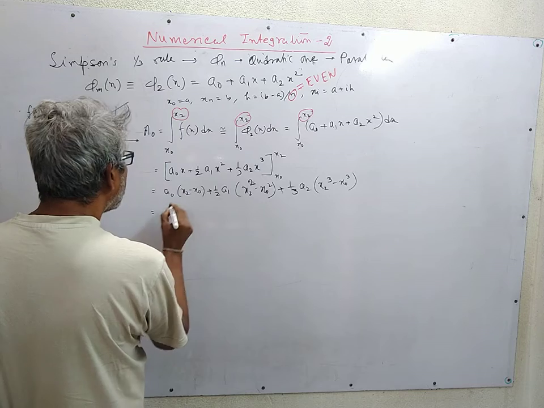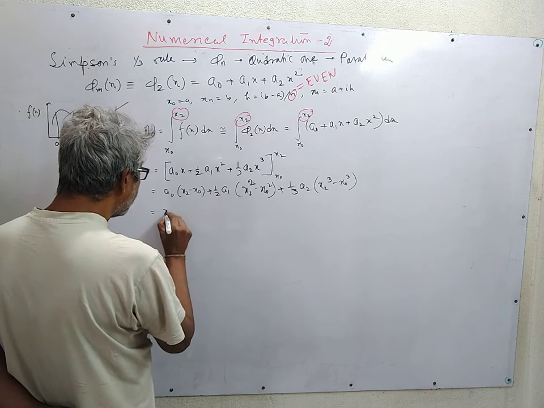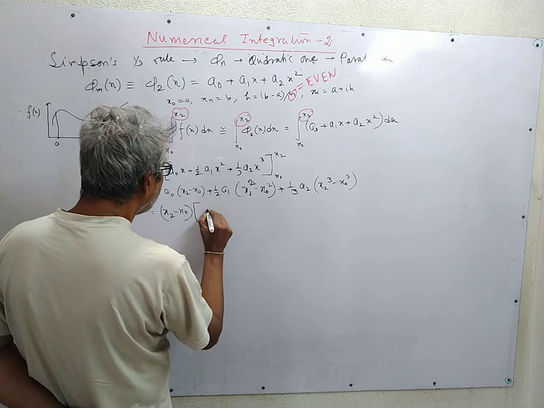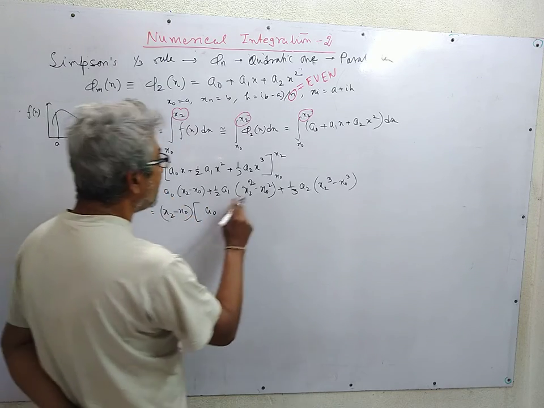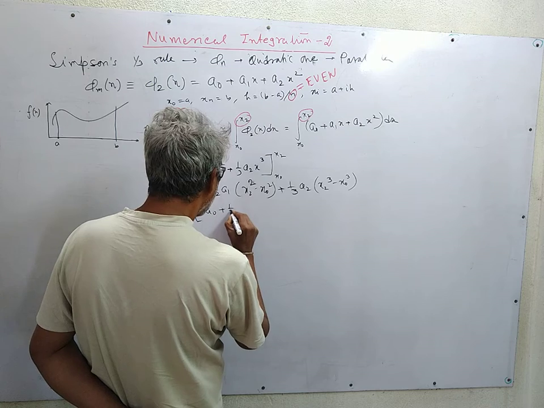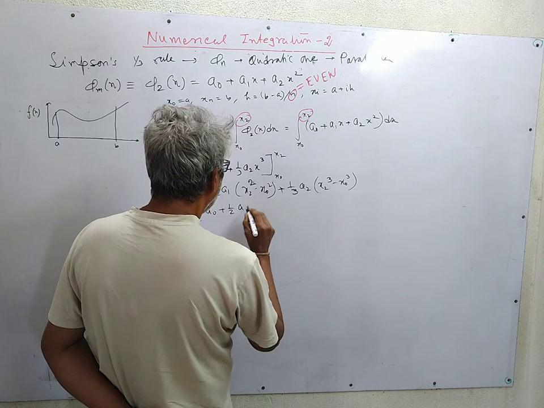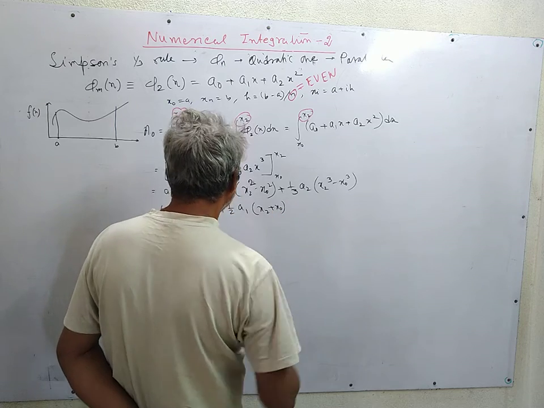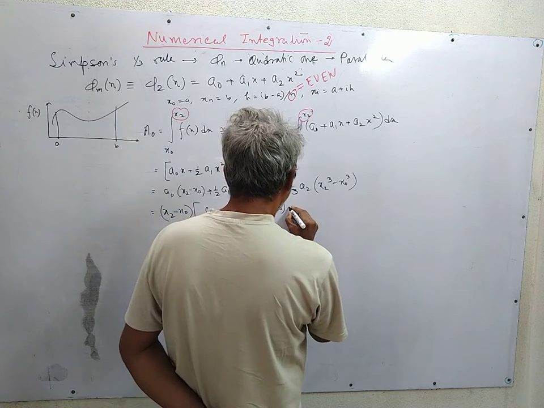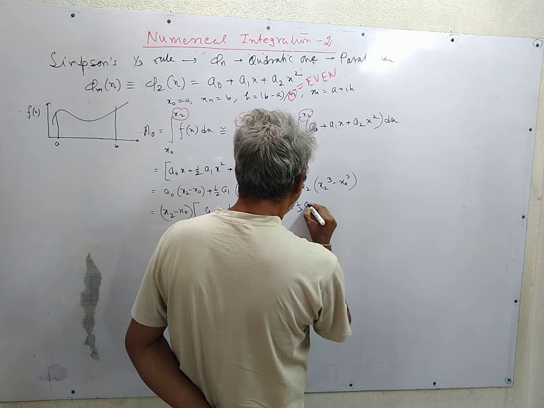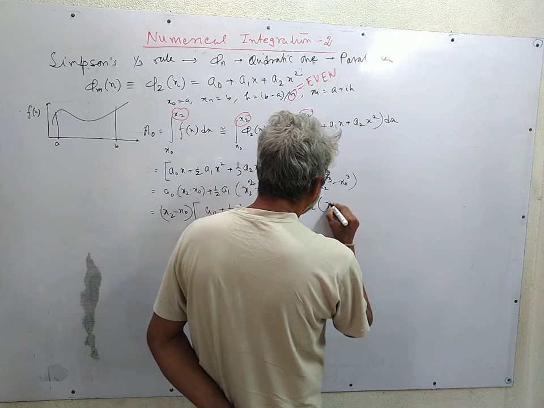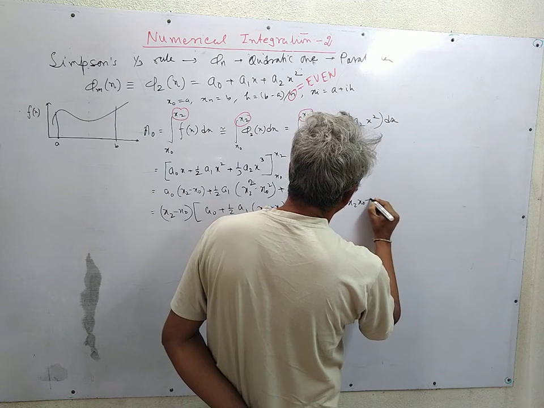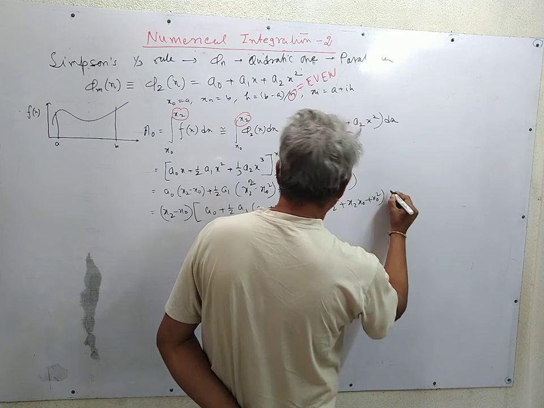We take x2 minus x0 common all along. So we are left with a0 from this term. This is half a1 times x2 plus x0, and from this part 1/3 a2 times x2 square plus x2 x0 plus x0 square.